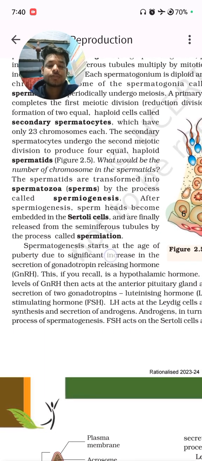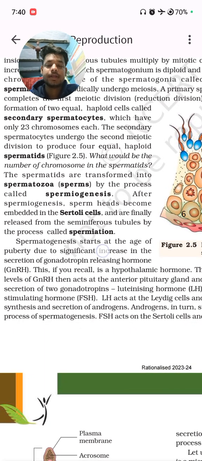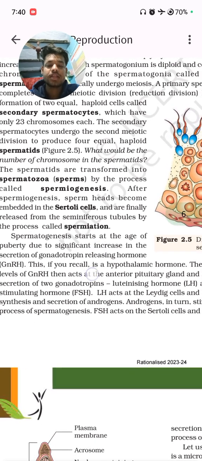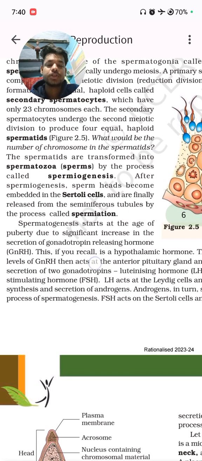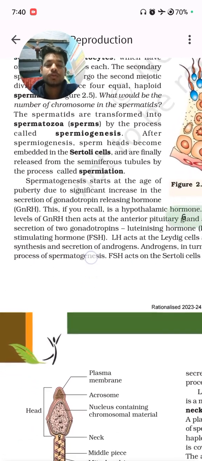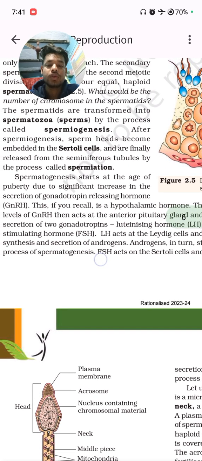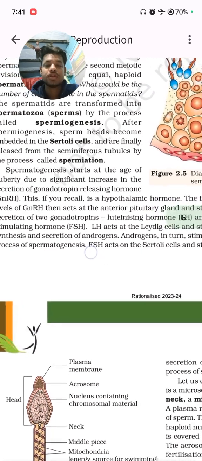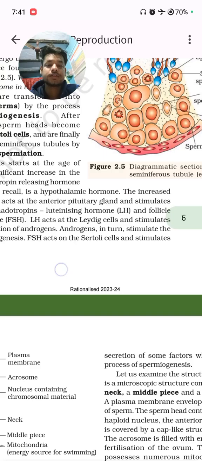After spermiogenesis, sperm heads become embedded in the Sertoli cells and are finally released from the seminiferous tubules by the process called spermiation. Spermatogenesis starts at the age of puberty due to a significant increase in the secretion of gonadotropin releasing hormone, GnRH. This is, if you recall, a hypothalamic hormone.